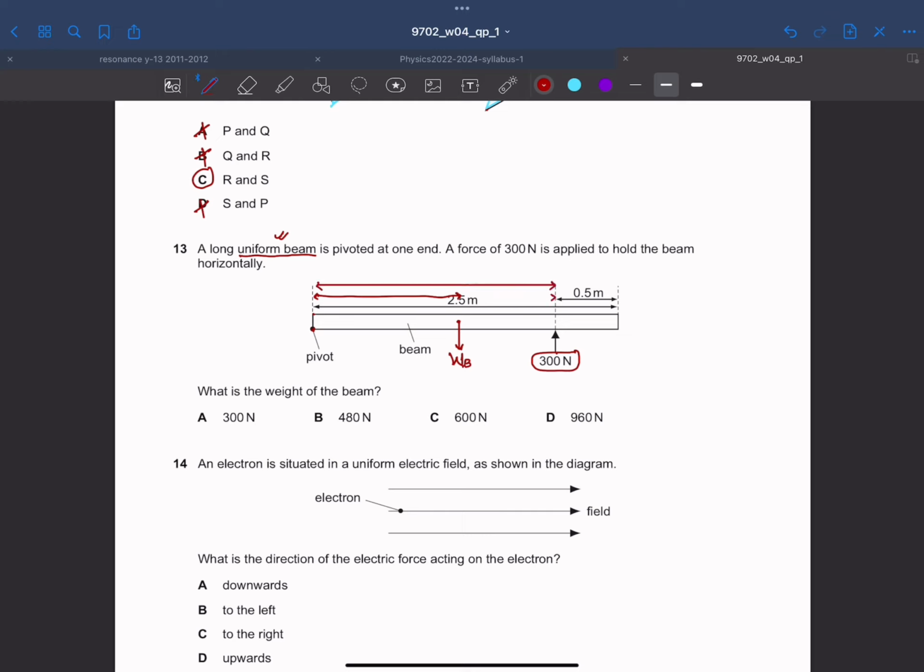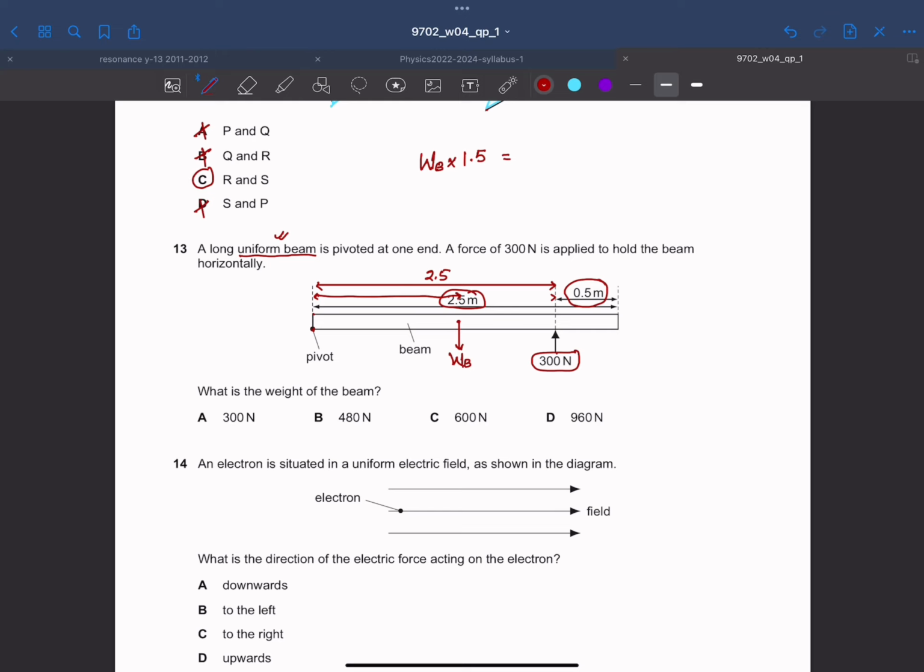This 2.5 is given, but for the weight, you can see that the total length is 3, and 2.5 plus 0.5 is 3 meters. So over here the distance is 1.5. So simply you can write the weight of the beam multiplied by 1.5.